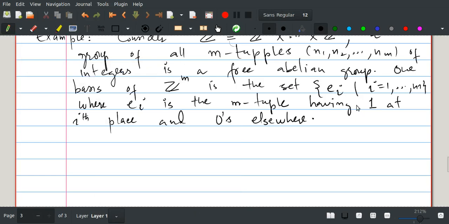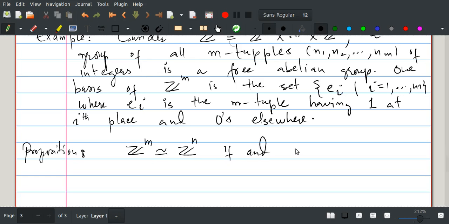So let us prove the following proposition. Z^m, m copies of Z, is isomorphic to Z^n, n copies of Z, if and only if m is equal to n.